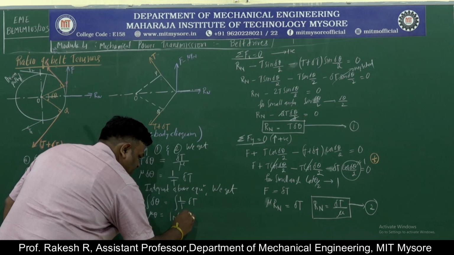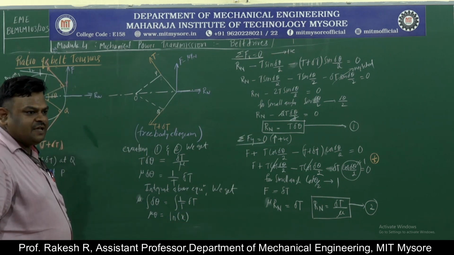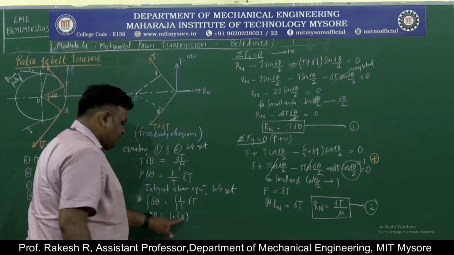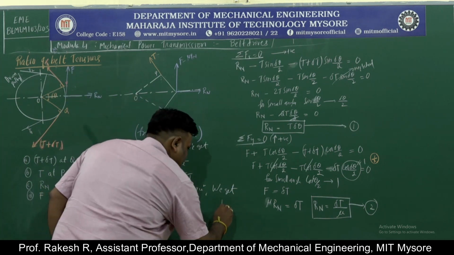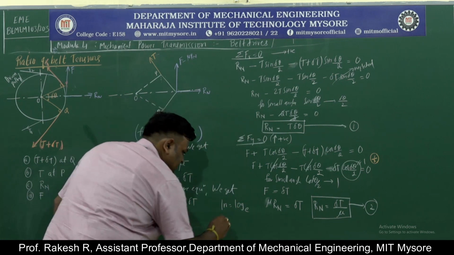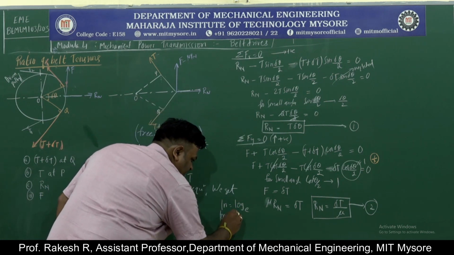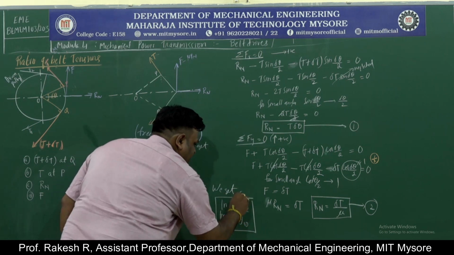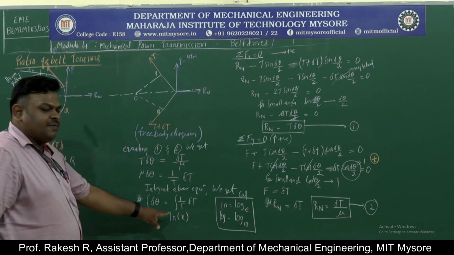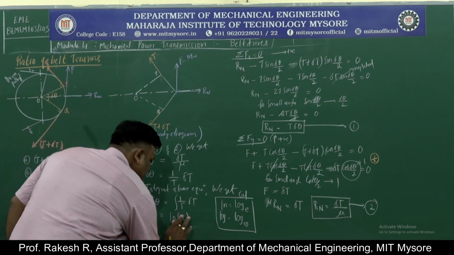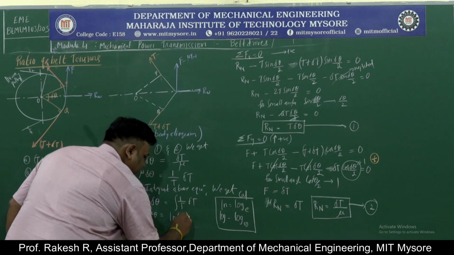Usually we will call it ln x, log to base e. If I use log, it is log to base 10. This you have to remember in the calculator. It's very important. I will be using ln x. Ln x is nothing but log to base e. X is here, it is not x, it is T.